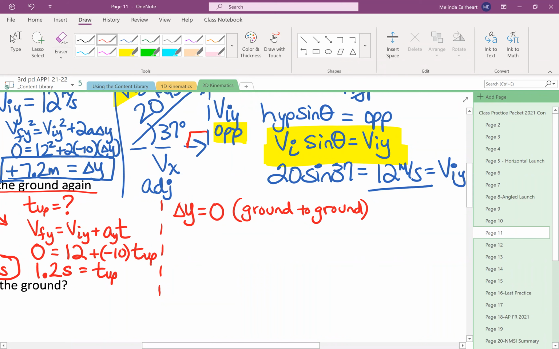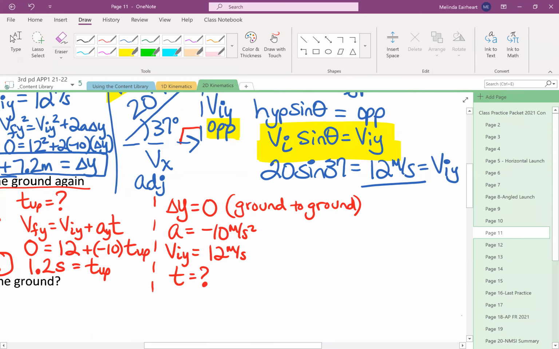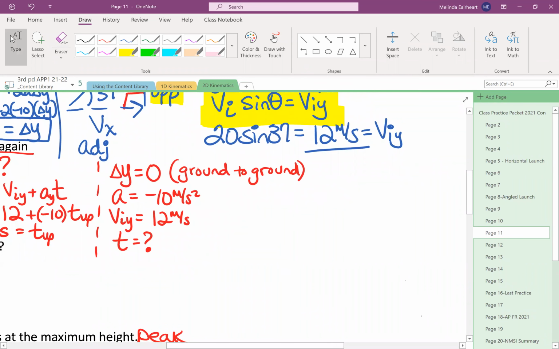Well, the same things are still true in terms of acceleration. And the initial velocity is still 12. But can we find time without that final velocity? What equation does not have final velocity? Second one.